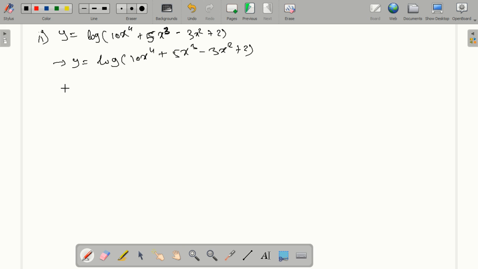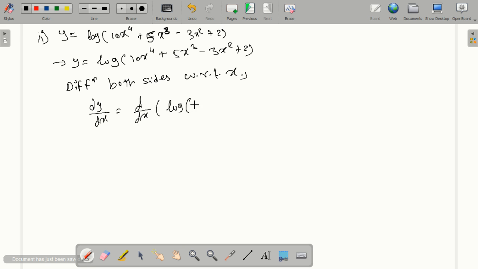So what we are going to do here is differentiate both sides with respect to x, right? So dy by dx would be d by dx of log of 10x raised to 4 plus 5x cube minus 3x square plus 2, right?